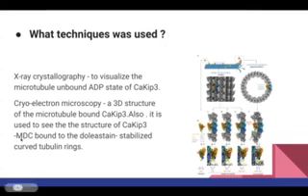The last one is MDC bound to the dolastatin-stabilized curved tubulin rings. As we're able to see in the graph, we see the curved tubulin protofilament as well as the orange kinesin 8. This teal color is beta tubulin, and alpha tubulin is this sky blue color.